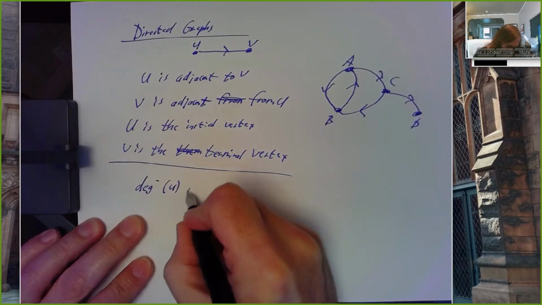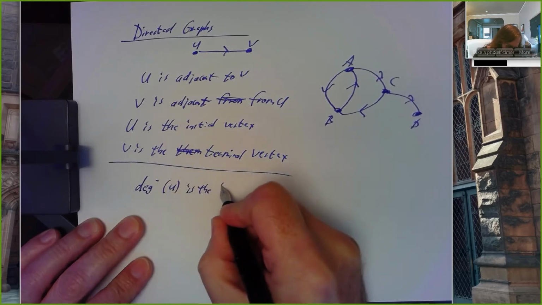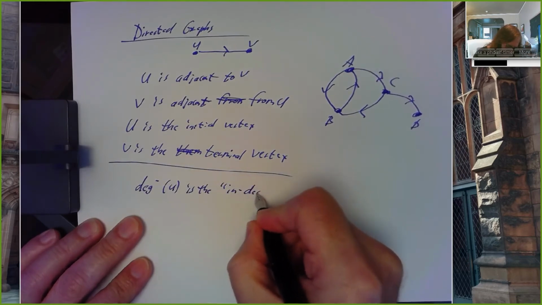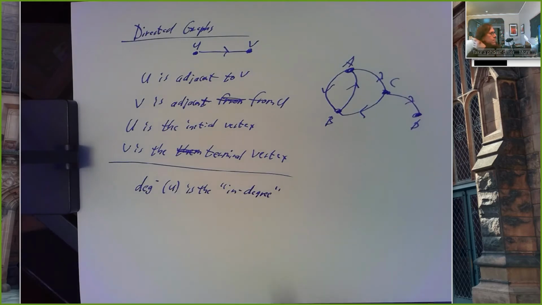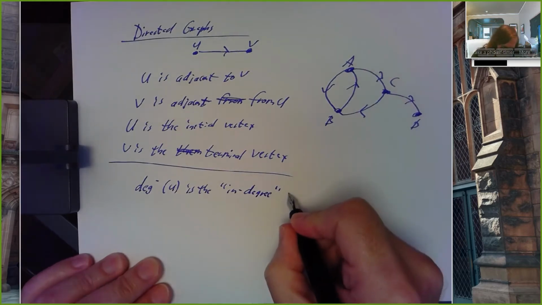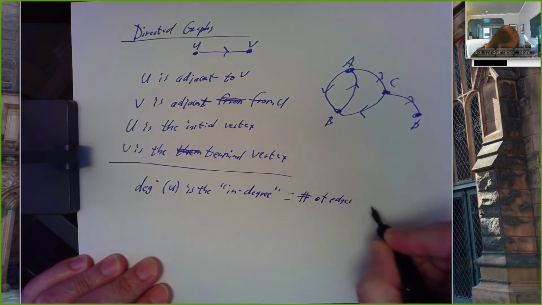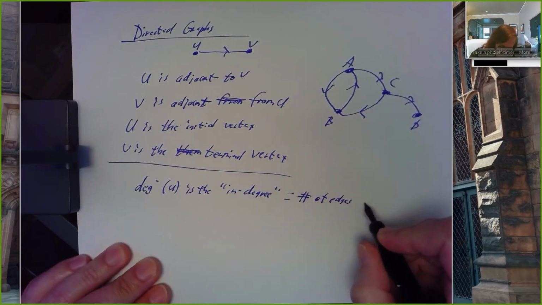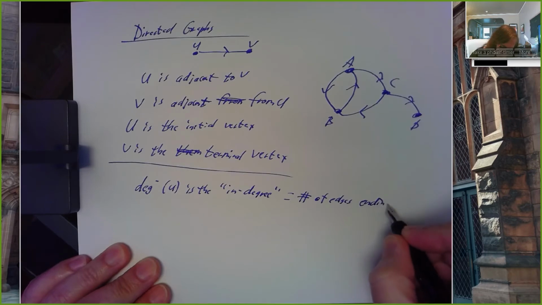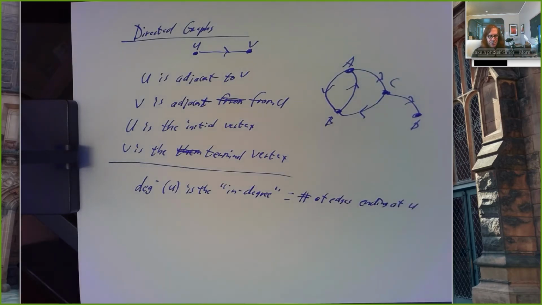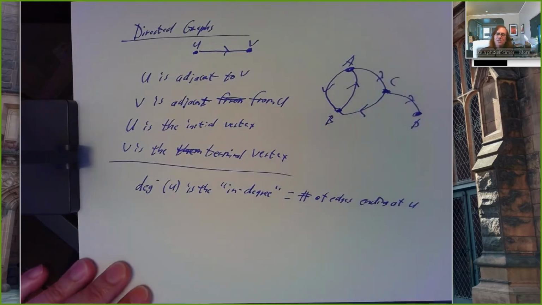Degree minus, this is the in degree, which is equal to the number of edges ending at U. So the number of edges whose terminal vertex is U. If you like, the number of arrows going into that vertex.